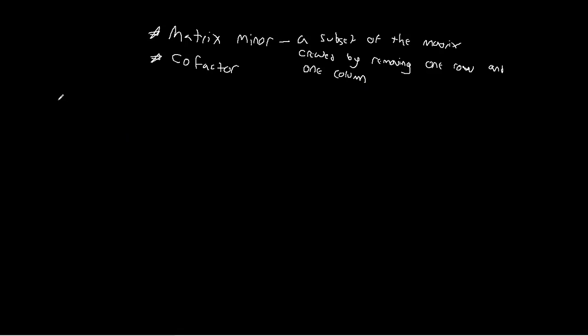So I want to denote the fact that we have a matrix minor. If we have our matrix A, we denote the matrix minor using the subscript I and the subscript J. In this case, I is going to be the row we remove.